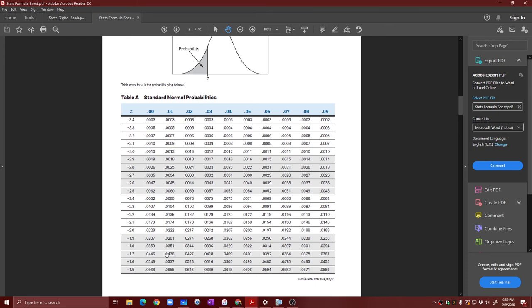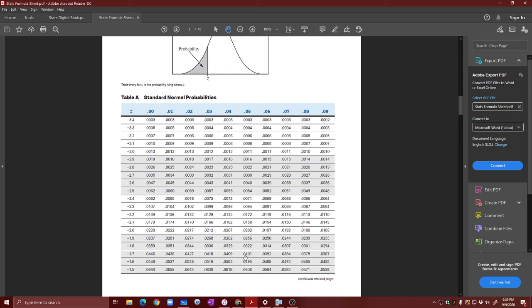So that's this row right here. Which number do I want to pick? I need the 0.05, sorry. You see how it's negative 1.7, so it's this row, and then I need that second decimal place, the 0.05, and they intersect right here.